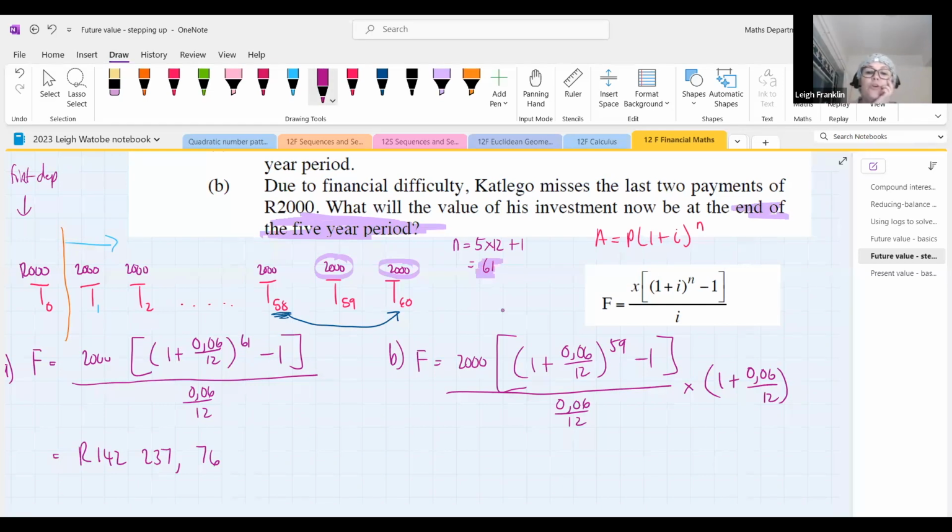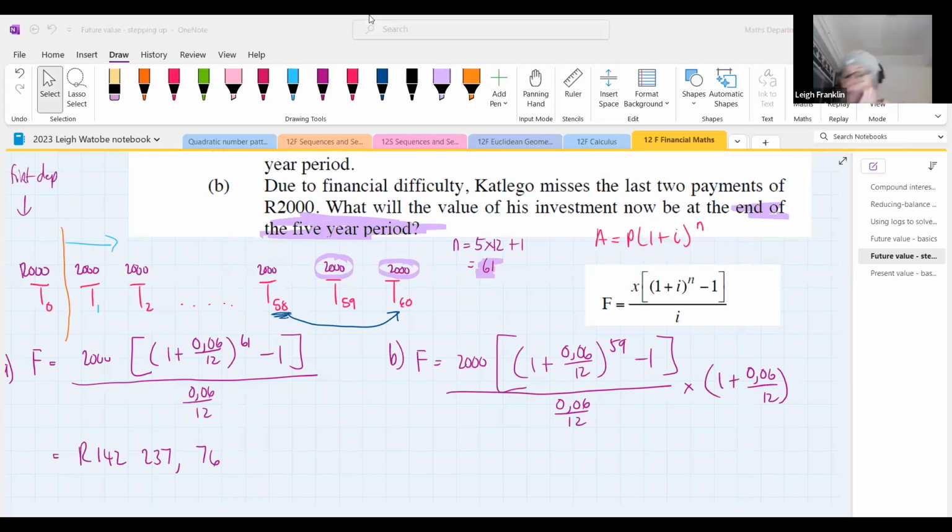So that's why we have to make this change to what's going to become our P value. Because he didn't make 2 payments of 2,000 Rand, the value won't be exactly the same. It's going to be a little bit less, because he's missed out on 2 payments of 2,000 Rand. So he would have saved a little bit less. Okay, thank you. All right, no problem.